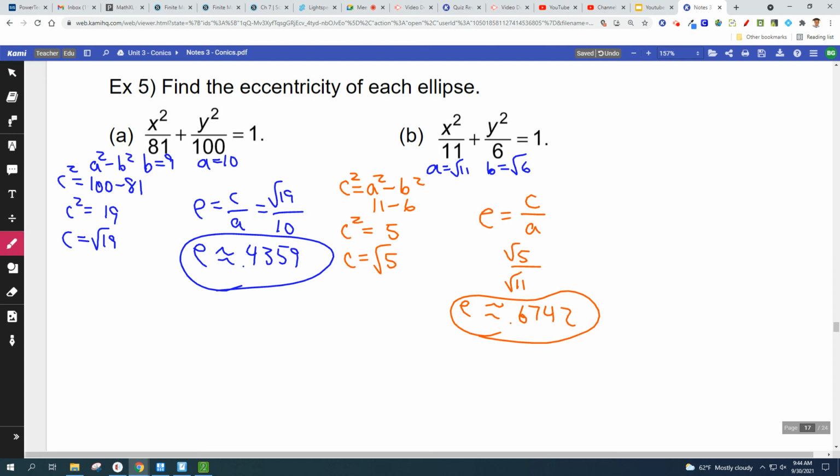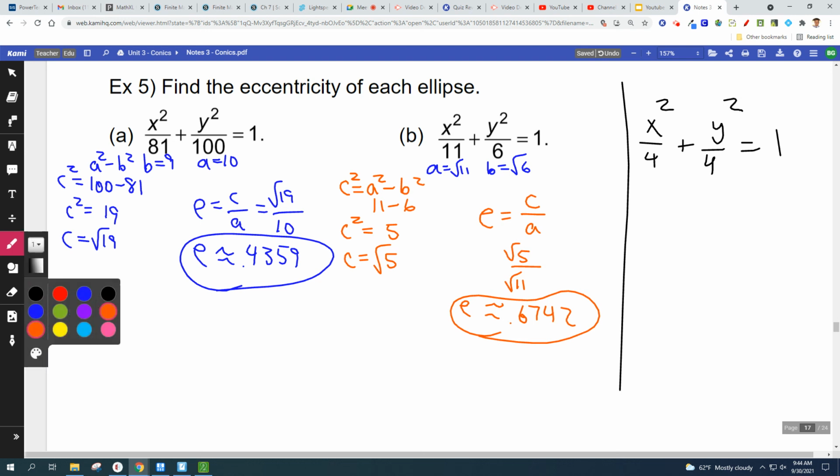So let's look at a circle just to make sure. I think I might have told you something wrong, so this will be enlightening maybe. If I say x squared over 4 plus y squared over 4 equals 1. It's stretched the same amount in the x and the y direction. That's going to be a circle. That's a perfect circle. So it's hard to tell which one's A and which one's B, but either way, it's got to be 2, right? Neither one's bigger.